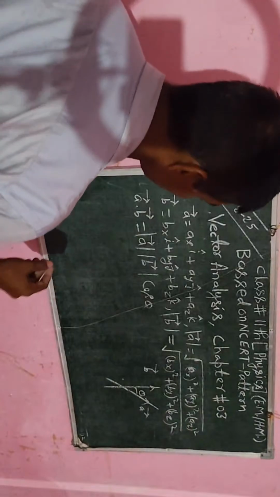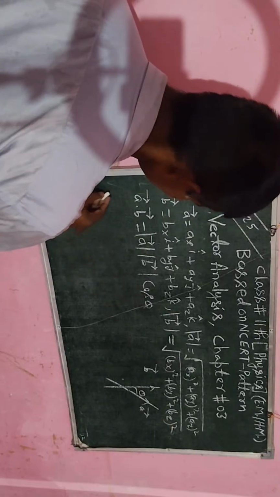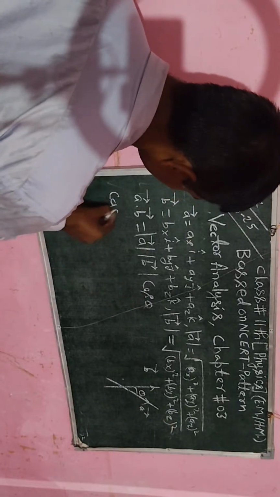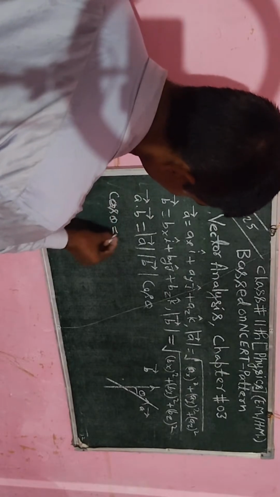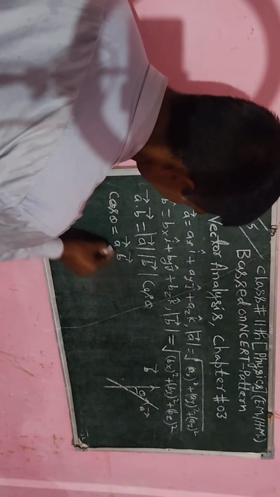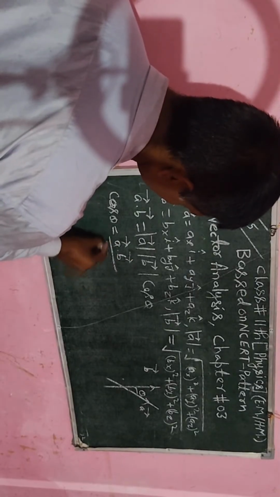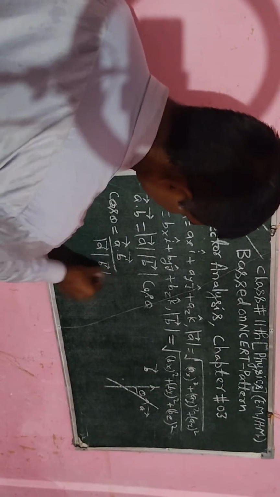Here we have to find the angle between vector A and B, that will be cos theta, which is equal to vector A dot vector B divided by the magnitude of vector A and the magnitude of vector B.